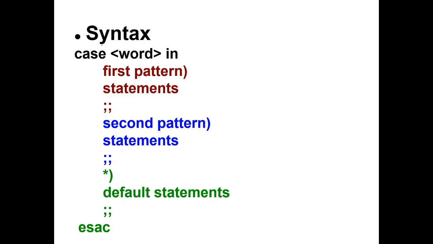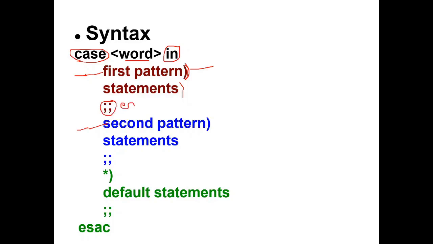So this is the syntax of how to use the case statement in the program. This is the keyword case, and this is the word which is going to match with the patterns, and this is another keyword which is going to look at the patterns now. Now this is your first condition, that is your first pattern, and it must be enclosed with the bracket. This bracket is compulsory. If you don't use the bracket, it gives an error. And then your set of statements, and two semicolons is the end of the first pattern.